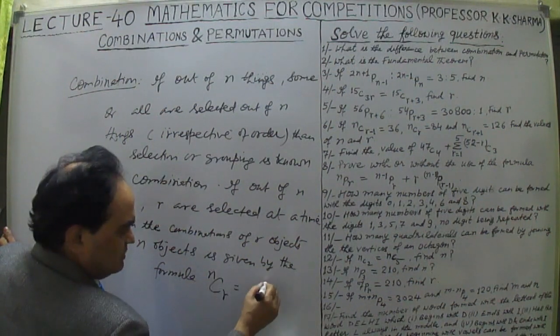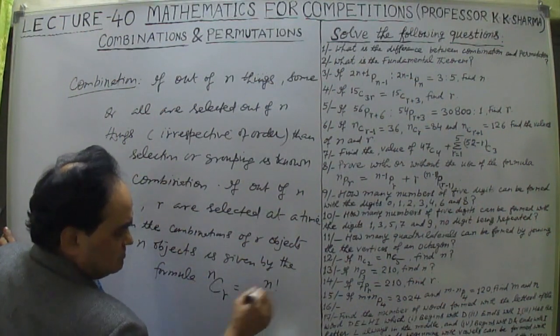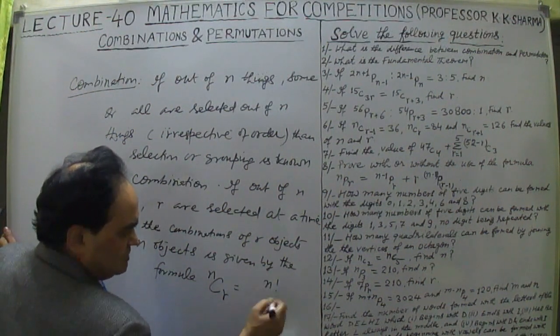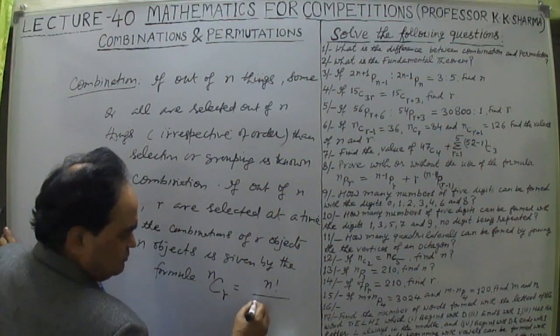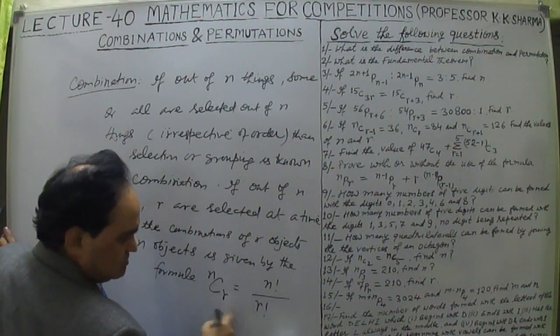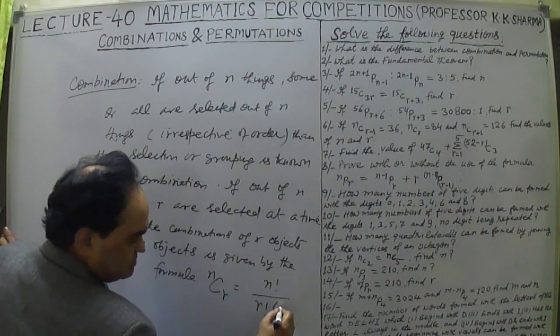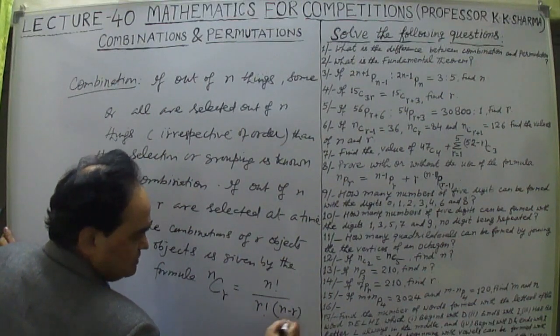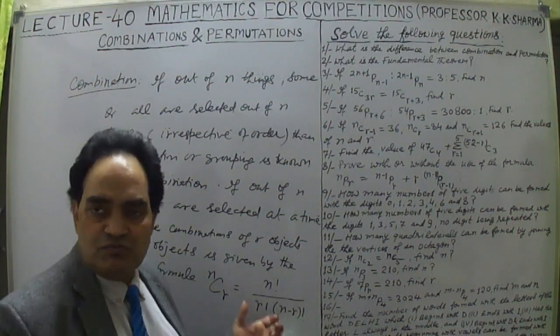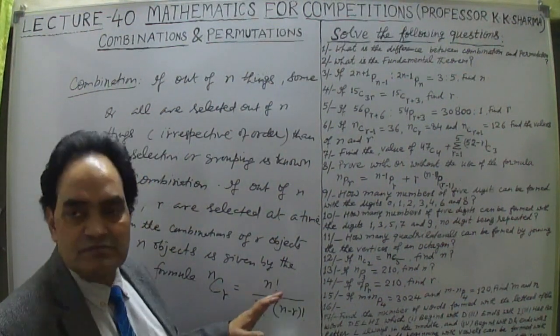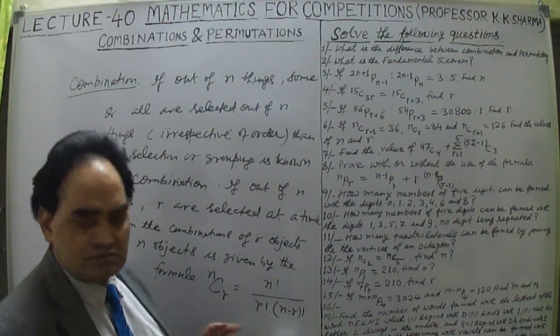This formula is n factorial upon r factorial into, under bracket, the difference of the two items, n minus r factorial. The sign of factorial is either this or this. What is factorial, and what is the value of this, I'll define that. I'll take one illustrative example.